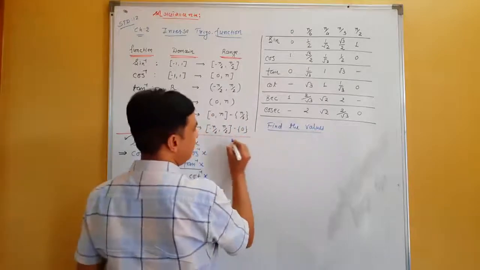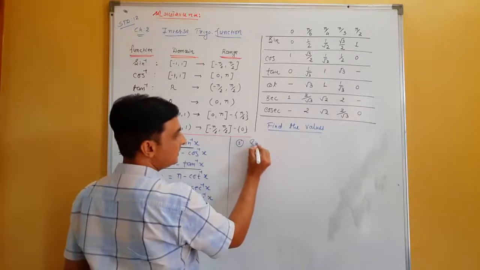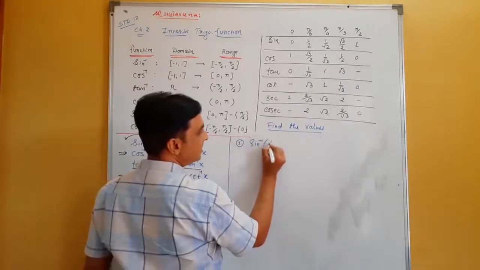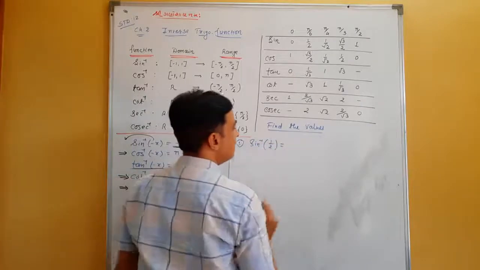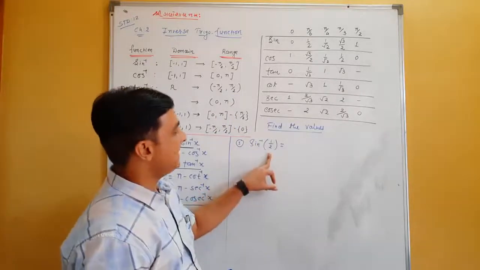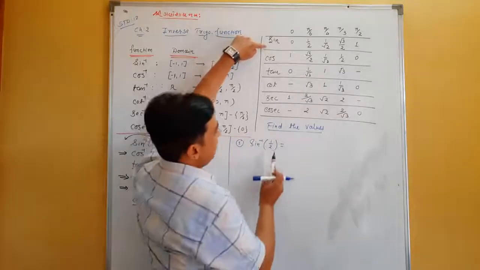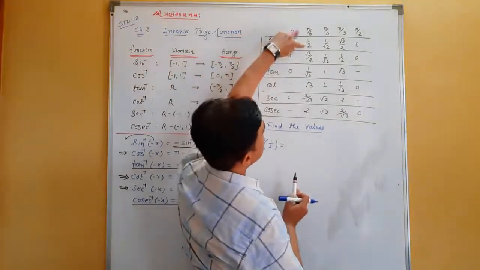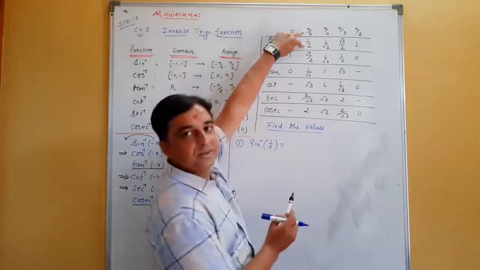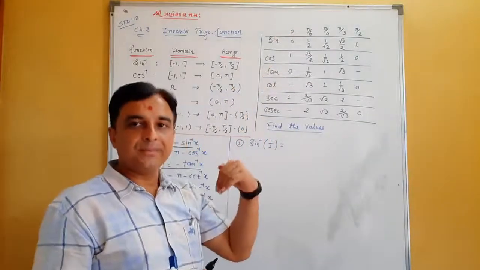the values of the following. First one, sine inverse 1 by 2. So what do we have to find? The value of sine inverse 1 by 2. See, in the table of sine, 1 by 2 is at pi by 6. So here we have to take the reverse order.